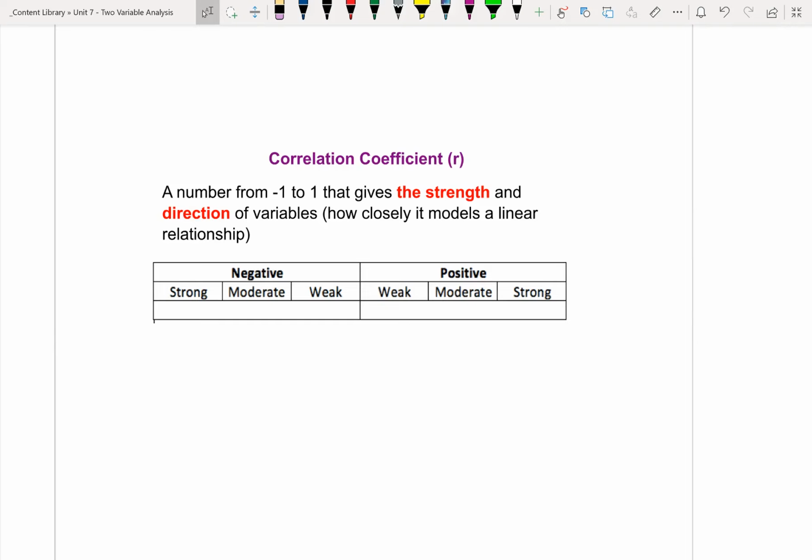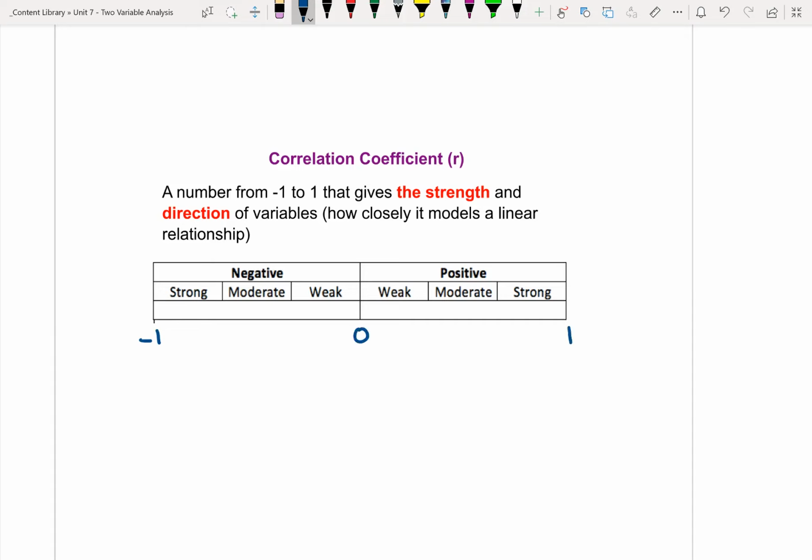If I look at a scale going from negative, whether it's strong negative, moderate, or weak negative, to positive, weak, moderate, and strong, I have values that go from -1 all the way to +1, and in the middle would be 0.